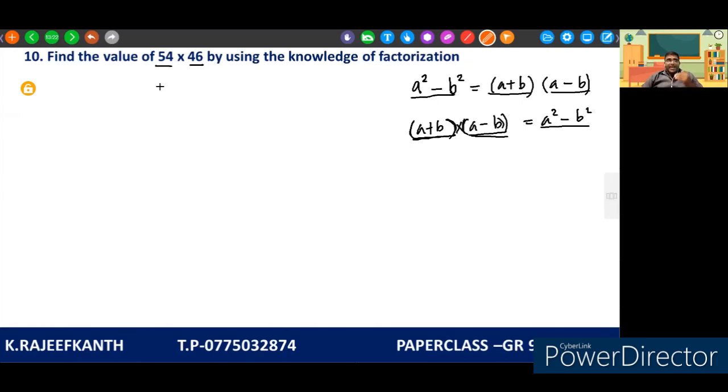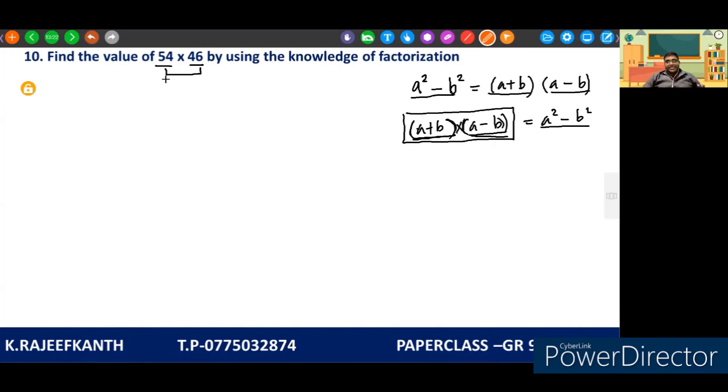We have to arrange 54 into 46 in the format of a plus b into a minus b. Then how can we arrange it? In those two expressions, the first and second terms should be equal. Only we can change the signs, right? So first we have to find the difference of these two numbers.